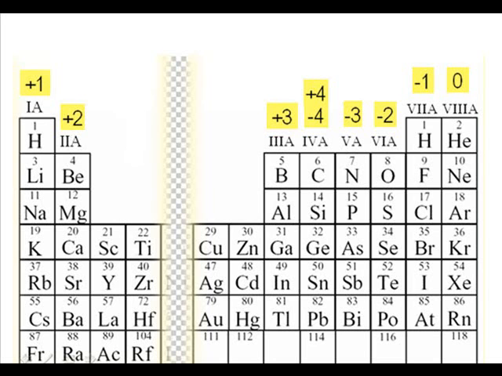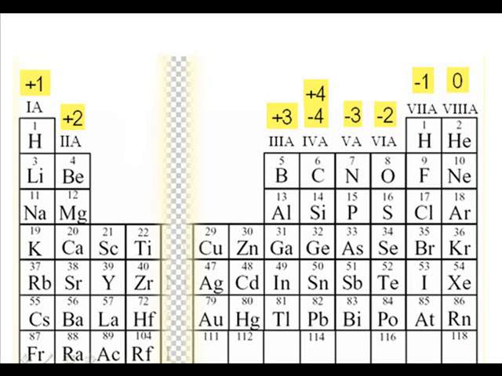A couple items: the column containing carbon and silicon, they have 4 electrons in the outside valence shell, and on occasion they will either drop all 4 or gain all 4. However, as a general rule, they do not take that approach. Instead, they typically become covalently bonded and do not go the ion approach.